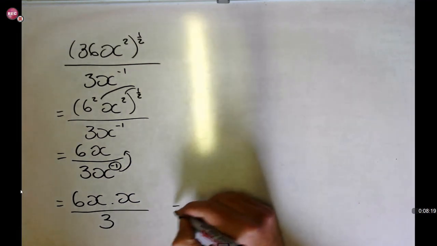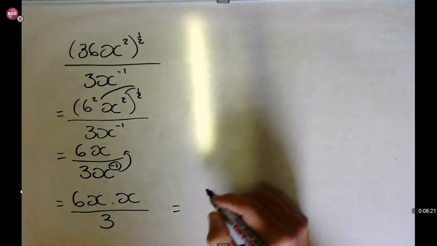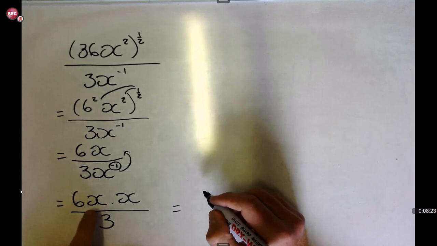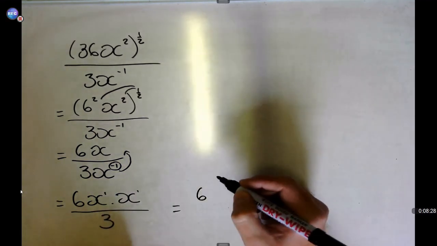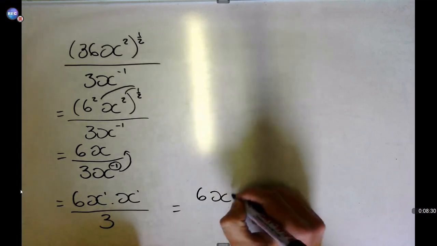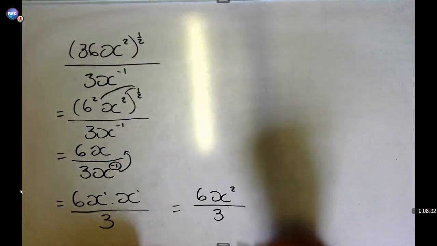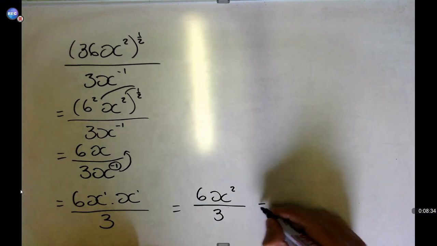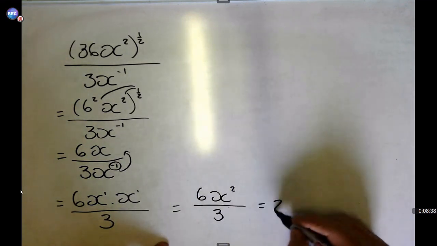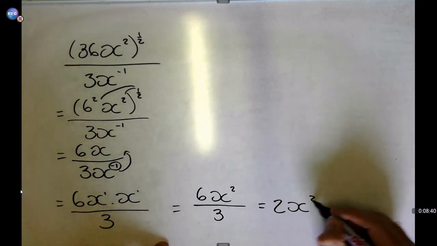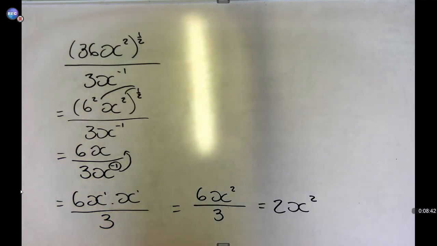Then I'm moving on to the right side where there's space. So what you'll have then is x times x, which is law number 1. Each of them have a 1 as an exponent, so 1 plus 1 gives me 2, and you put that over 3. If you have to go and simplify that, you'll then do 6 divided by 3, which will give me 2, and then obviously the x squared that comes with it.